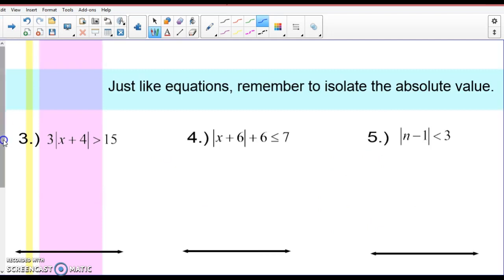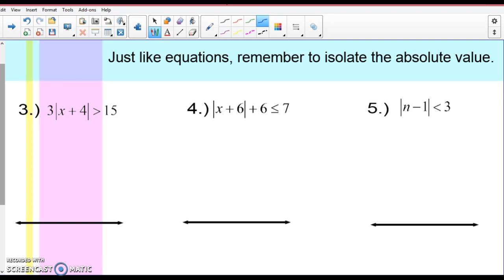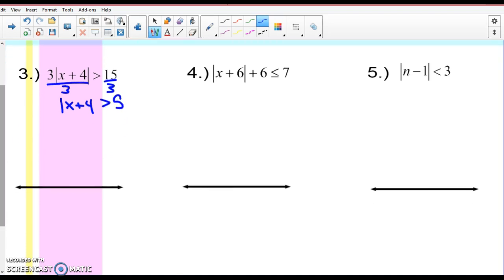Okay. These get a little more tricky. What do I need to do first to solve this absolute value? Yes, remember, you need to isolate. So, divide both sides by 3. So I'm going to have the absolute value of x plus 4 is greater than 5. All right. That is a greater than statement.